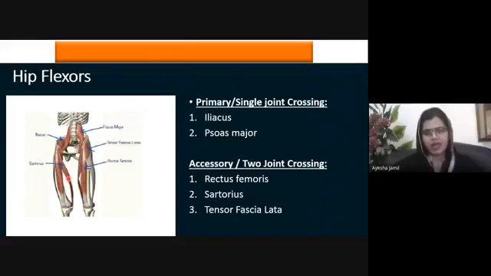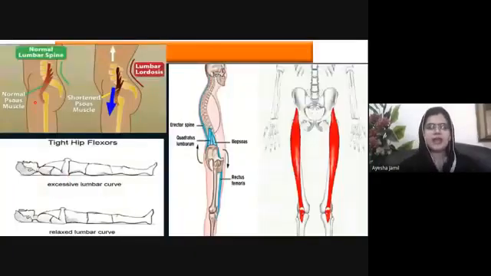It depends on which muscle is tight and which muscle is dominant over the other. You can see in this diagram, this is the normal iliopsoas or psoas major muscle, which is attached on the transverse process of the vertebra and inserted on the lesser trochanter of the femur. If only this iliopsoas muscle is tight, it will cause the increased arch or extension at the lumbar spine.